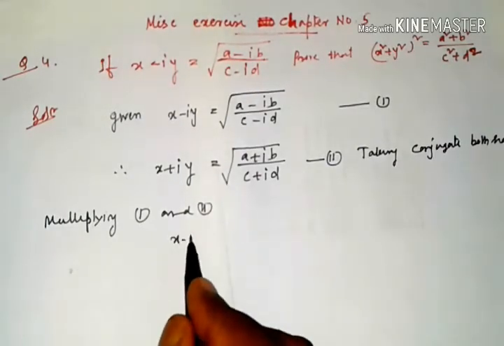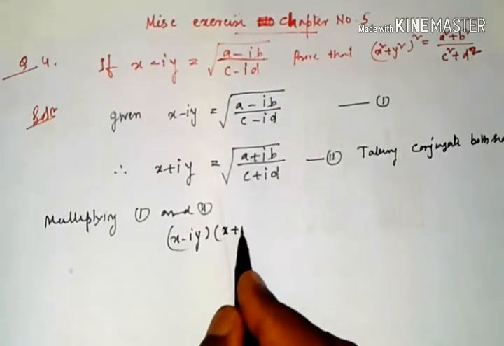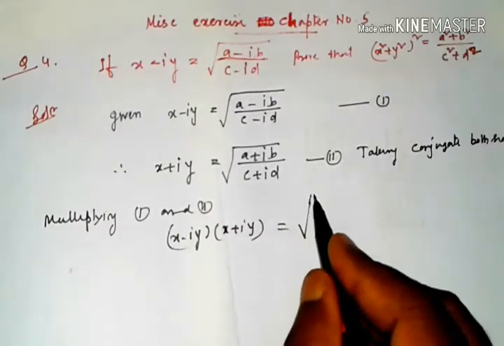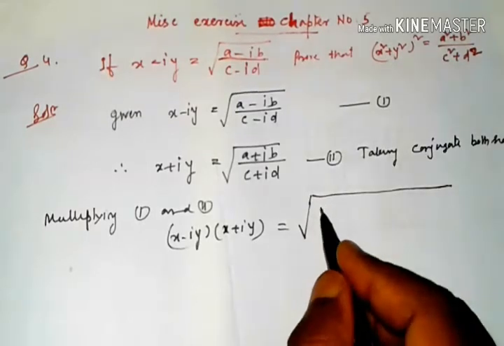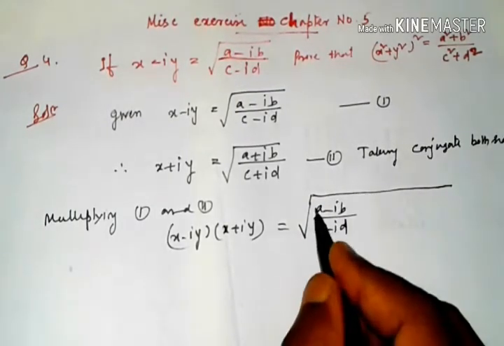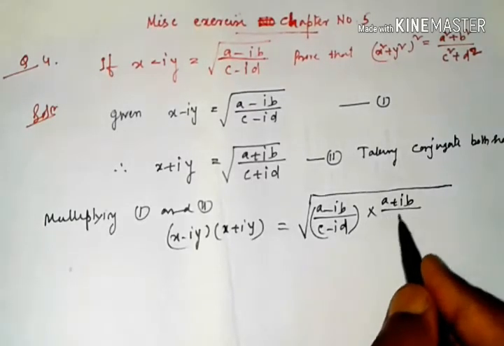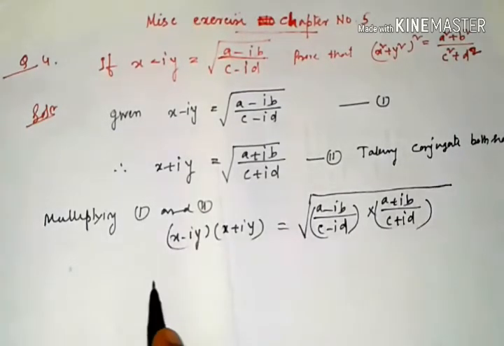Here, x minus iy times x plus iy is the square root of (a minus ib)(c minus id) over (a plus ib)(c plus id).